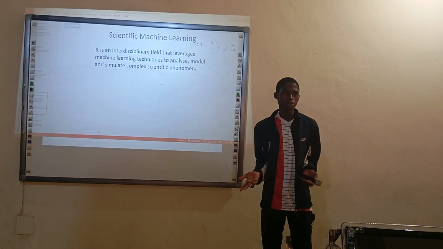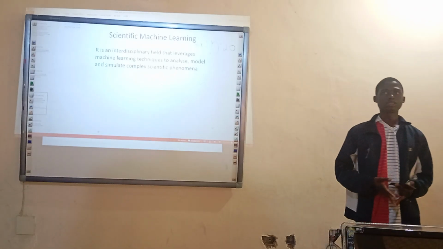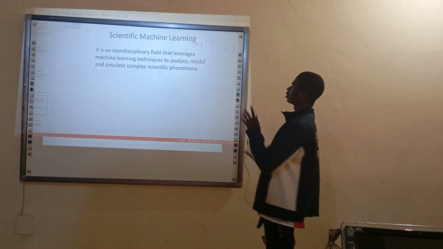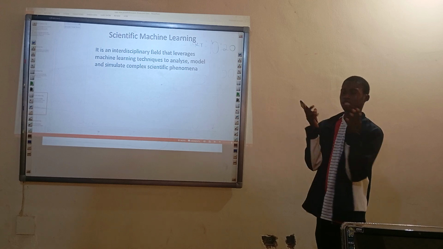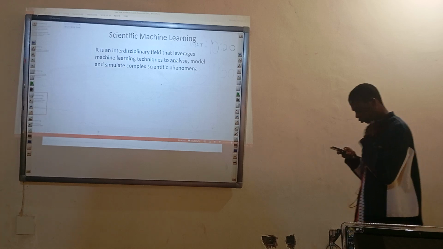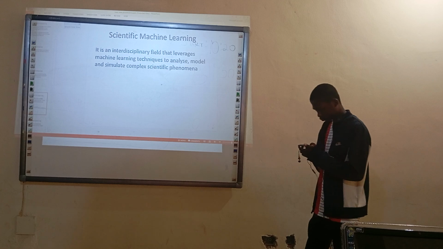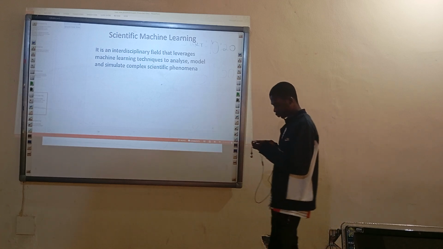What could all these phenomena be? They include weather forecasting, climate modeling, fluid dynamics, and so on. So this is an interdisciplinary field that combines both scientific computing and machine learning. It's a rapidly growing field that combines machine learning with scientific computing.